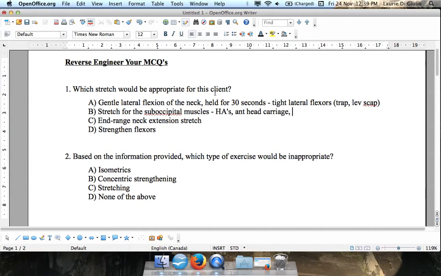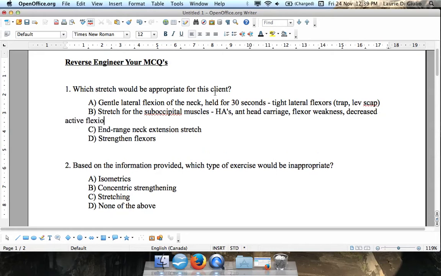You might stretch the suboccipitals because they have weak flexors, so they might have weakness in flexion or decreased active flexion. For end range neck extension, why would you stretch the neck extensors? If you brought the neck into full extension, why would you do that? Well, you would do that because the extensors are tight, right? Or because you have limited extension.